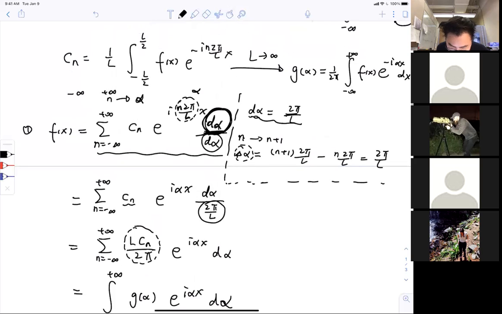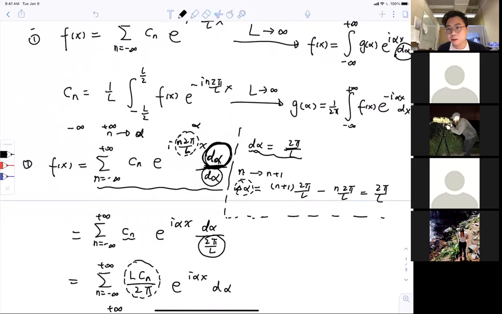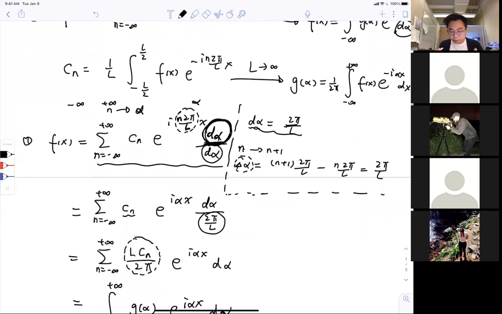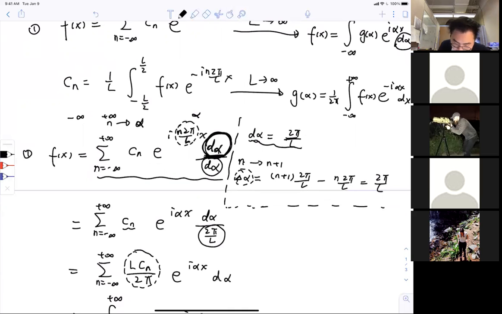By the way, the trick we did here is very common when you learn some more advanced class, like going from the discrete version to the continuous version. Basically, what we did here is a change of variable.